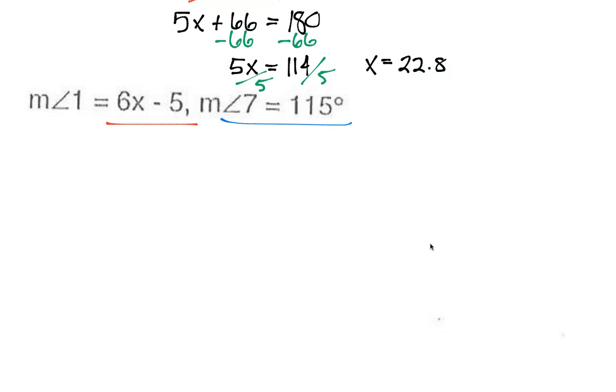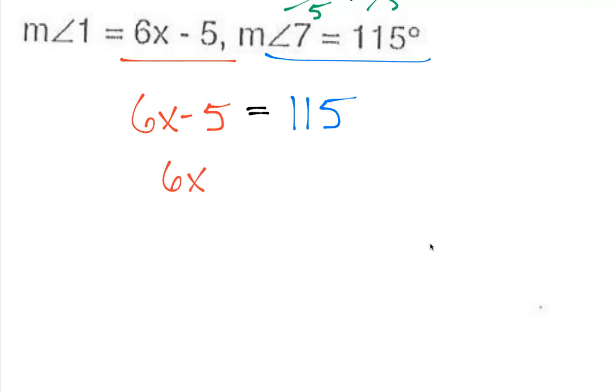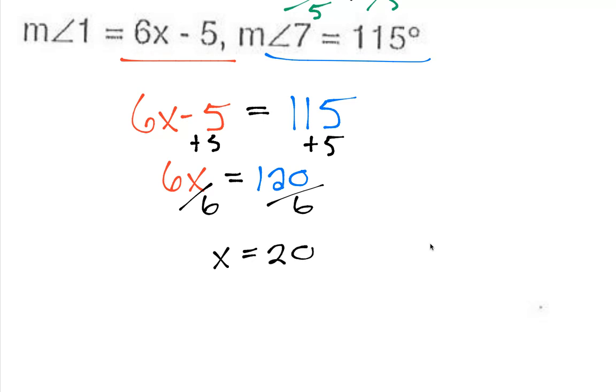The only time that they will not equal each other is supplementary angles. All the other properties say that they are congruent. So we're going to add 5 to both sides. So 6x equals 120. Divide both sides by 6. X equals 20.